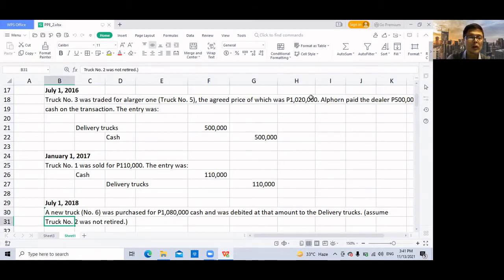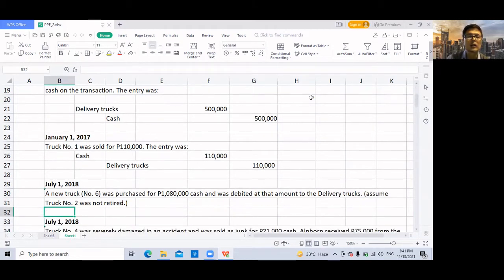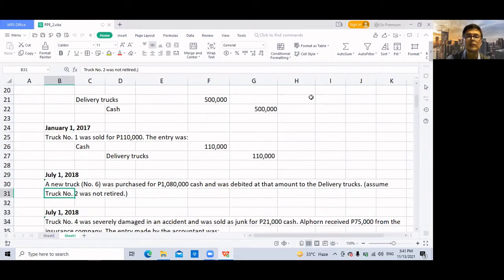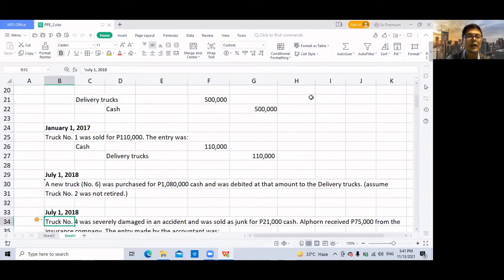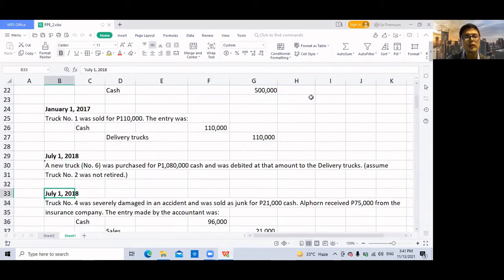Okay, assume truck number 2 was not retired. Baka may kinalaman rin siya dito sa truck number 2. Okay, and then July 1, 2018, truck number 4 was severely damaged in an accident and was sold as junk for 21,000.